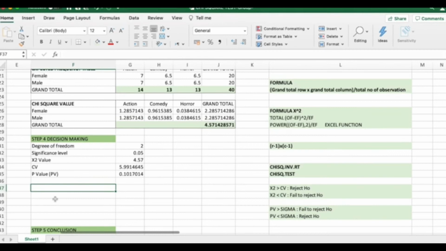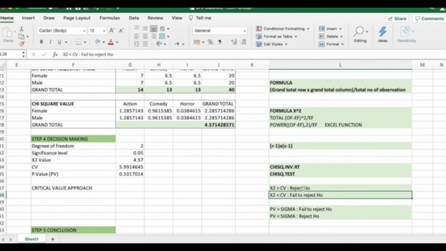As for the critical value approach, we have to compare the chi-square value with the critical value that we have calculated. Here is the decision rule. If the chi-square value is bigger than the critical value, we must reject H0, while if the chi-square value is smaller than the critical value, we fail to reject H0.